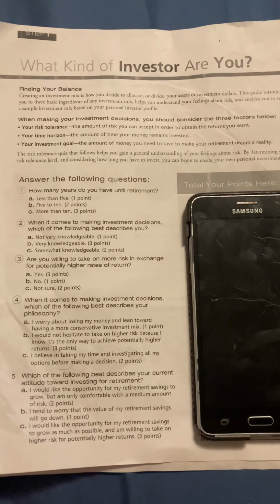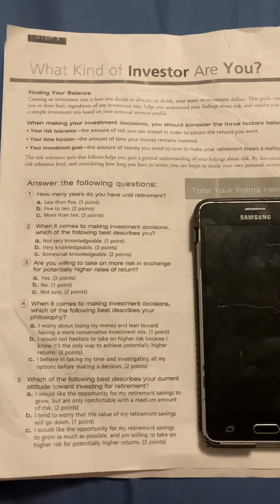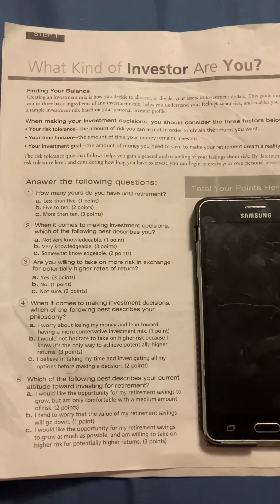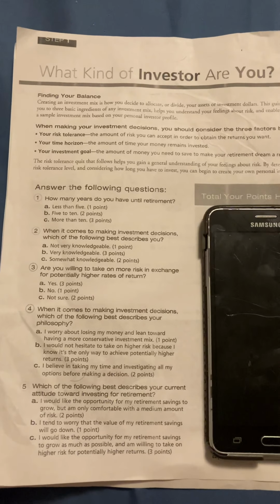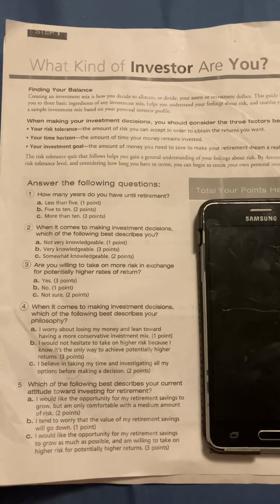And again, you have to determine those risk factors. And with those risk factors, you just want to refresh. If you're a new investor, this is definitely something new to try.